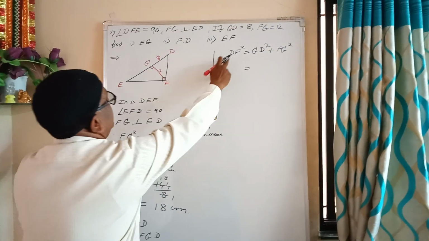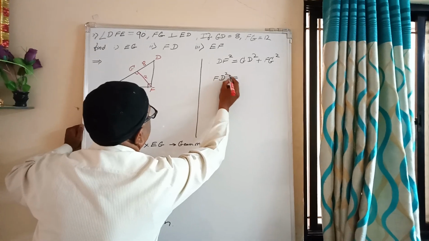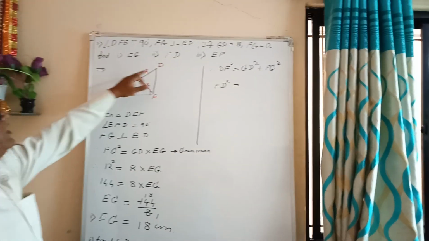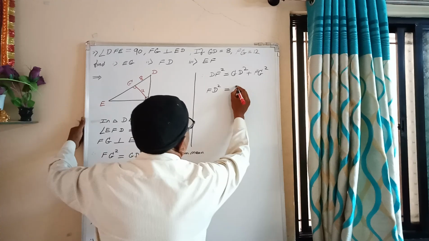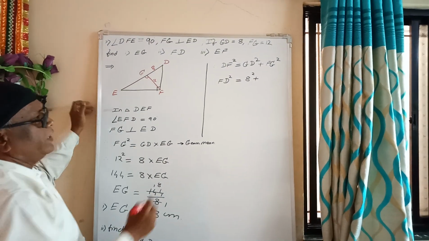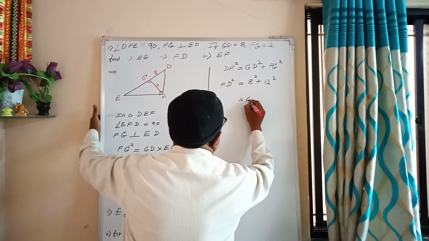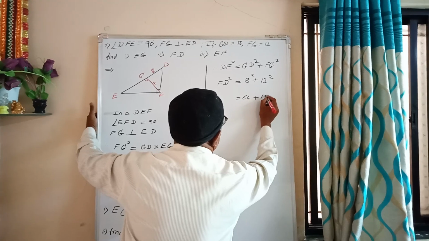Now DF is nothing but FD. FD square is equal to GD, which is 8, square plus FG, which is 12, square, which is equal to 64 plus 144.